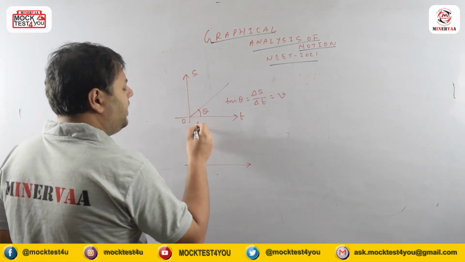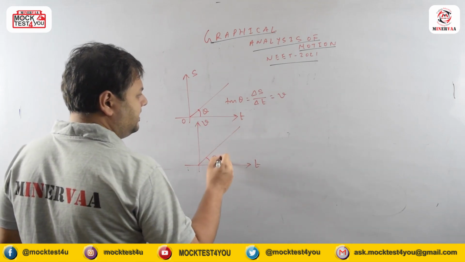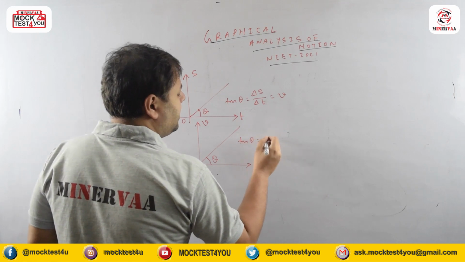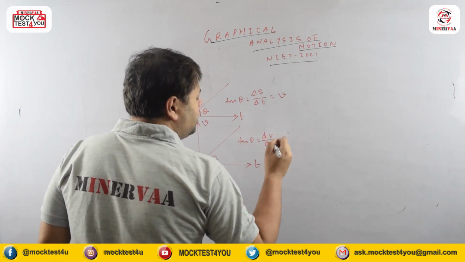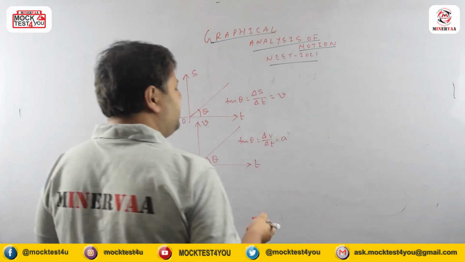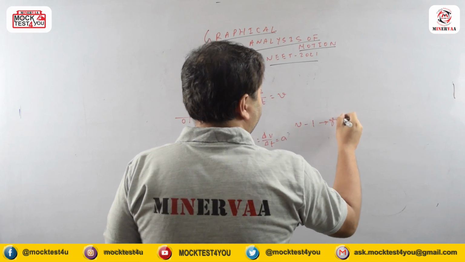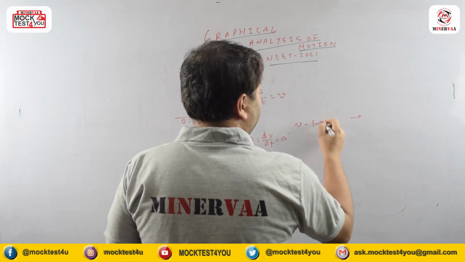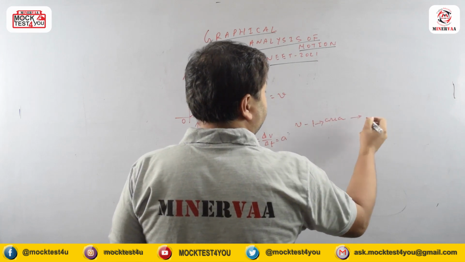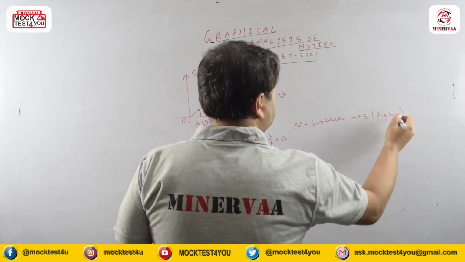Again, if we have a velocity-time graph and again this theta is there, then this tan theta will be del v by del t, so it should be acceleration. So remember one thing, students, very carefully. For a VT graph, we have done it in class 11, if we find the total area under this, that will be the distance or the displacement.